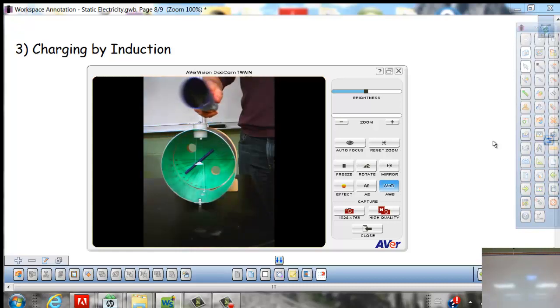What's happening is, I'm not touching it, but the electric field is actually causing electrons to move from the metal disc at the top down through the metal wire, the metal saddle that's holding the needle, and transferring to the needle. So the needle becomes negatively charged, the plates are negatively charged, and they repel each other.